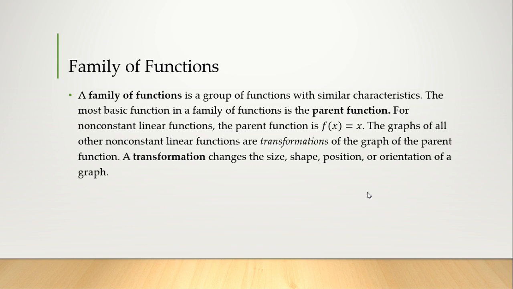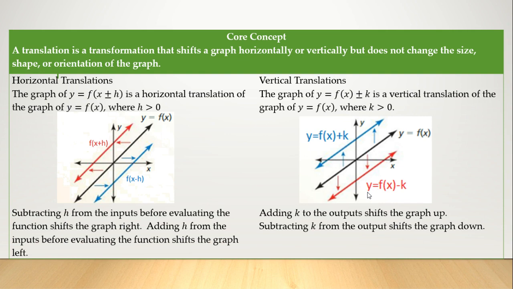It's important that you be able to distinguish how multiplying by a 2 creates a different type of transformation than does adding a 2. And that even where you add, subtract, multiply, or divide these numbers also makes a difference to what type of transformation occurs.